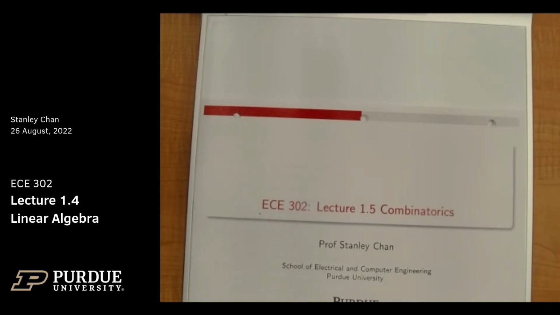Imagine that in this classroom we have 50 students. Go ask around the birthday. What is the probability that at least one pair of you will have the same birthday?